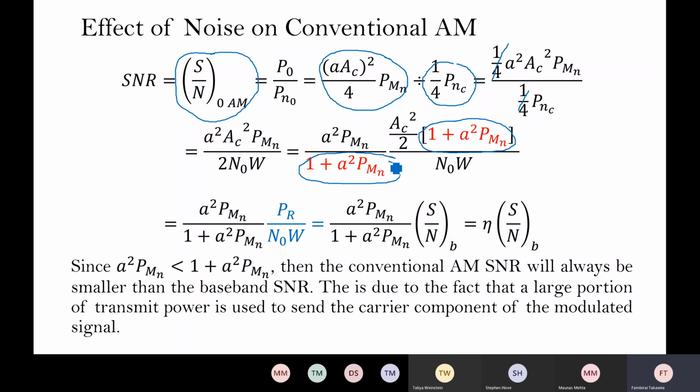But in so doing, notice that this term here is actually the same as this term here without the A_c, and then the A_c squared is this A_c squared that we have over there, and we will have actually multiplied in this case by 1 plus a squared P_mn.